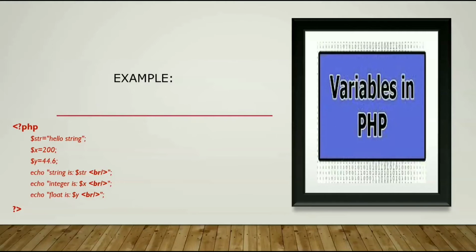When 200 is assigned to $x, the data type is declared as integer. Okay, so similarly with the help of echo, we can print the content. Each and every PHP program starts with the script tag less than question mark php and ends with question mark greater than.